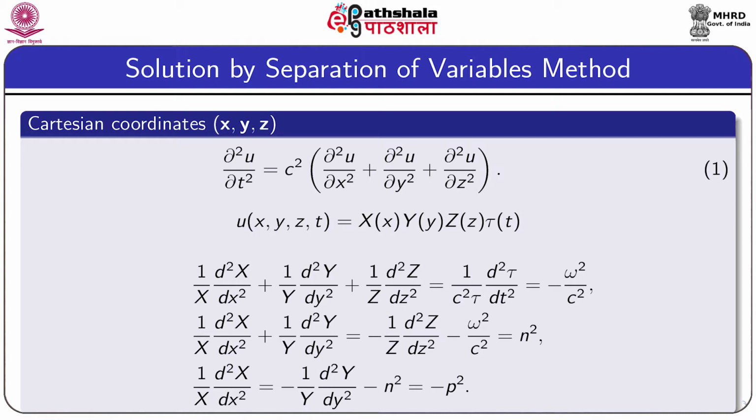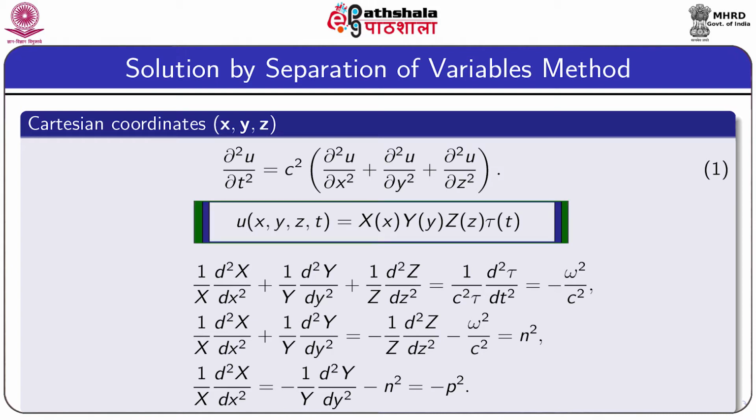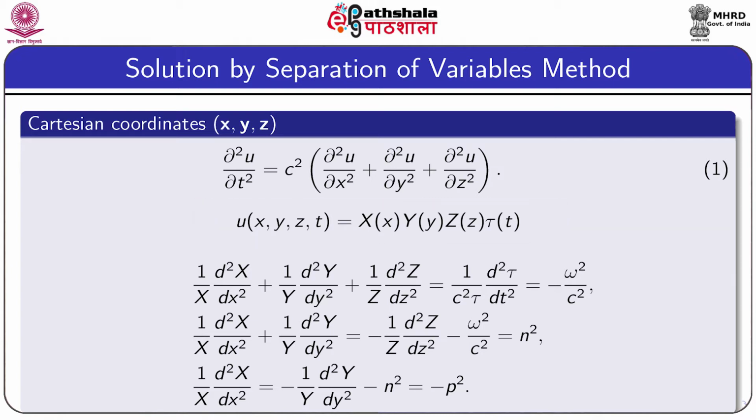As usual, we write the solution u as a product of 4 functions capital X, capital Y, capital Z and tau, where capital X, capital Y, Z and tau are functions of small x, small y, small z and t respectively.